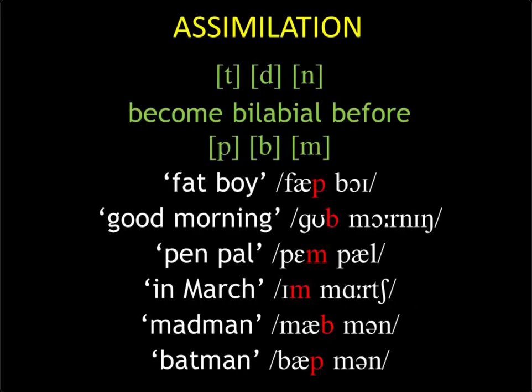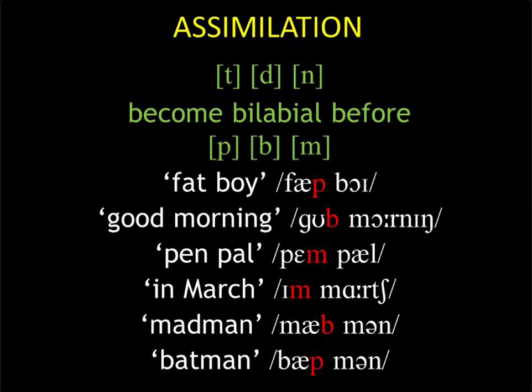The very first feature we're going to talk about is assimilation. There are different types, or different places, where assimilation might occur. The word assimilation means when a sound borrows a characteristic from a neighboring sound.